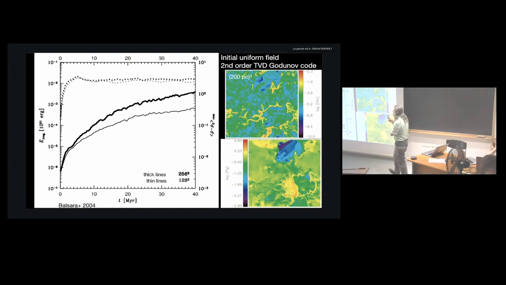Okay, so looking at how we drive a small-scale fluctuation dynamo, back now 20 years ago, Dinshaw Balsara and I and others showed that supernova-driven turbulence would drive a fluctuation dynamo.